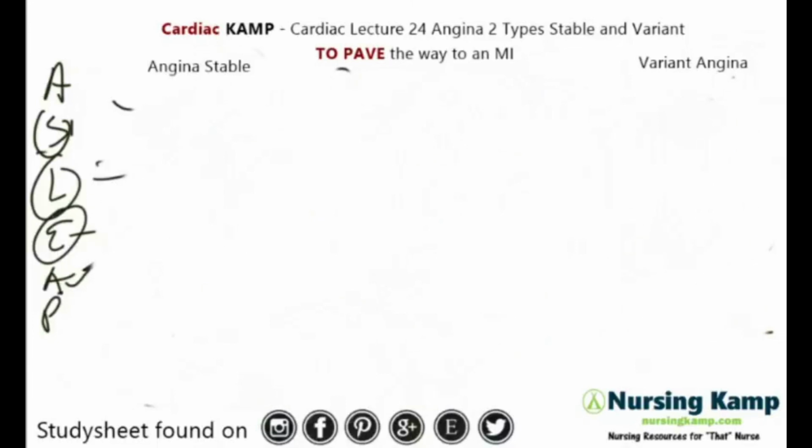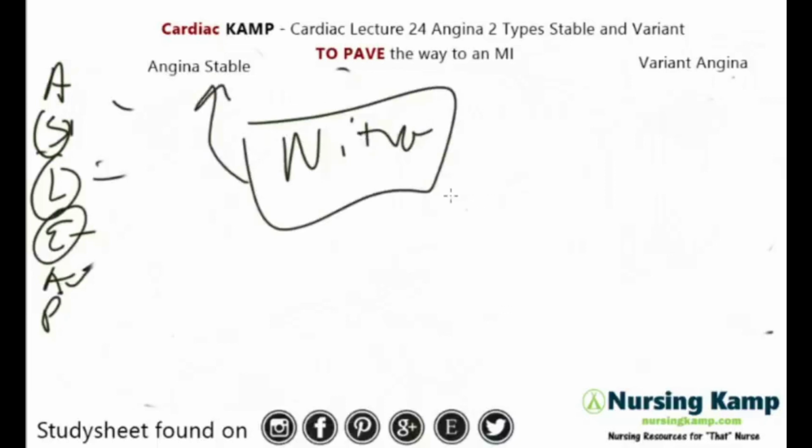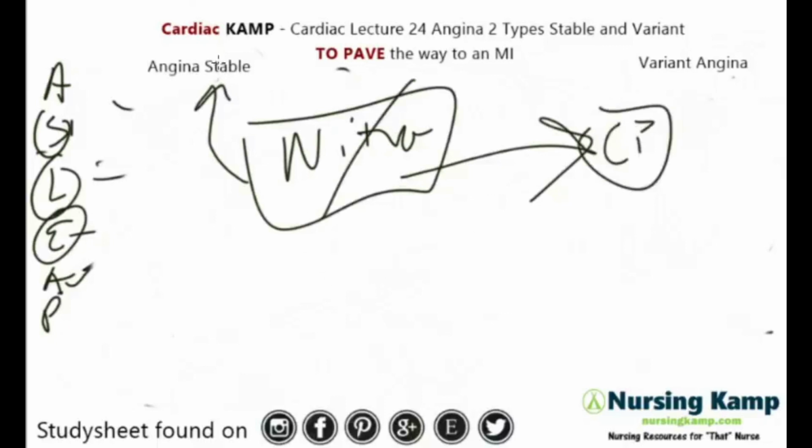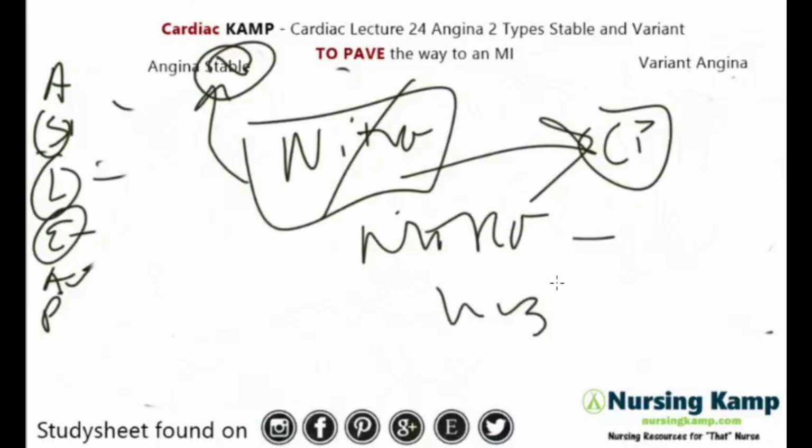But we'll give nitro for stable angina. And the thing with stable angina, if you give nitro and that chest pain goes away, that's stable angina. When you give nitro and that chest pain doesn't go away, that's unstable angina and possible MI.